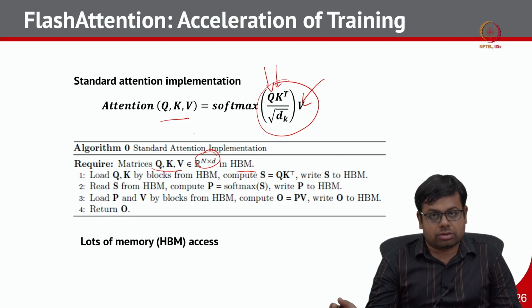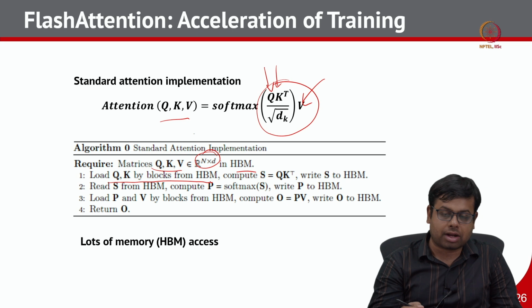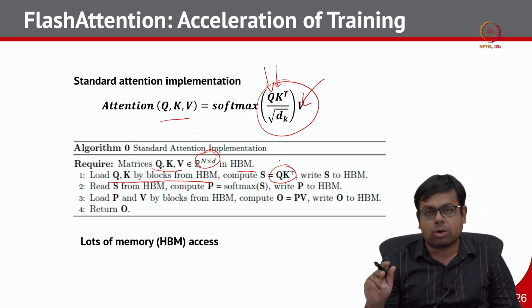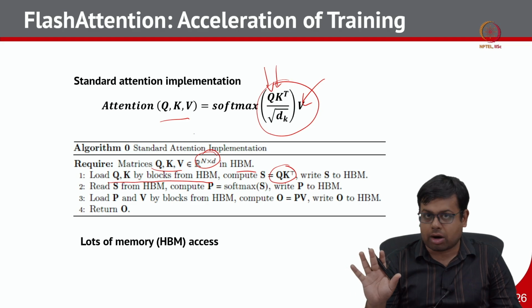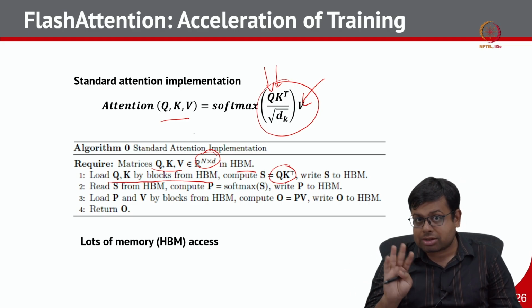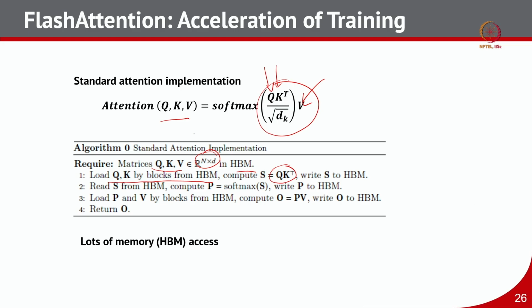As I was saying, we cannot load the whole Q and whole K, so we have to load Q, K by blocks from HBM, right. And then we can compute S equals QK transpose, which is the intermediate product. Again, nothing is free, we have to write that S to HBM. S is also big, and it has to be computed for many blocks, right. So this S is written back to HBM.